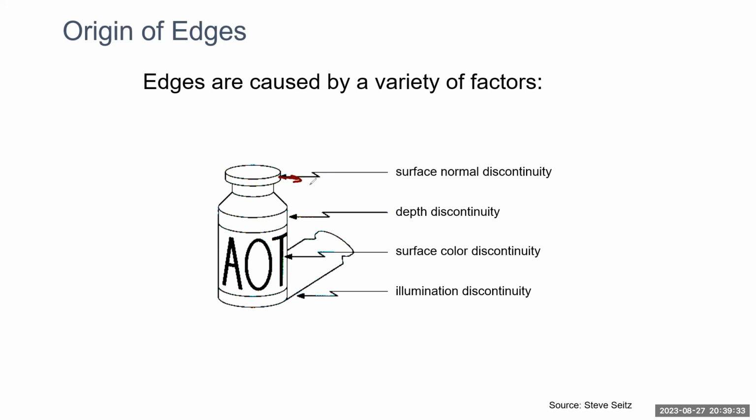And then this part is a background discontinuity, right? It separates this particular object out of the background. Then there's a depth discontinuity here. Actually, it's somewhat like a foreground-background change. Once again, we call this background discontinuity as well, right?